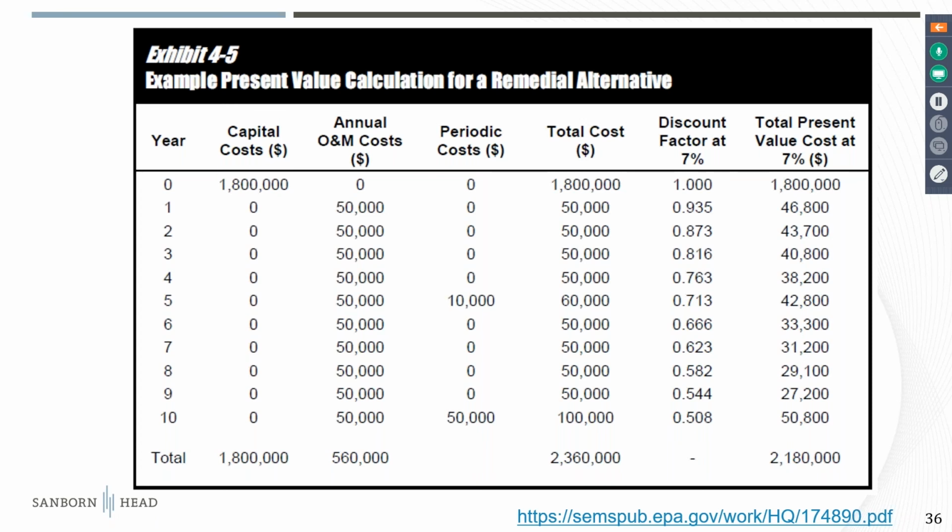The discount factor is basically the interest rate minus the inflation rate, so it does account for inflation. And it basically is the amount of money you have to invest today to have enough of an income stream over the lifetime of the alternative to fund the annual O&M and the periodic costs, and of course the initial upfront capital costs.